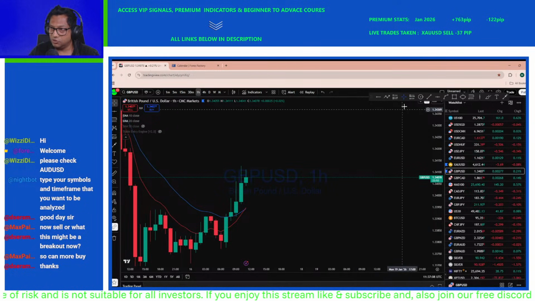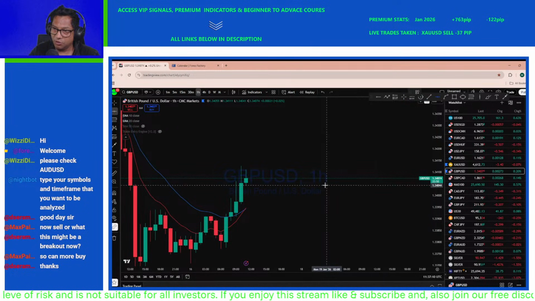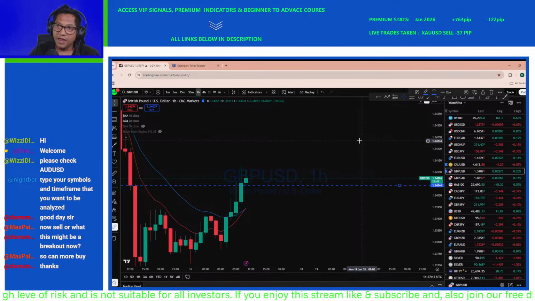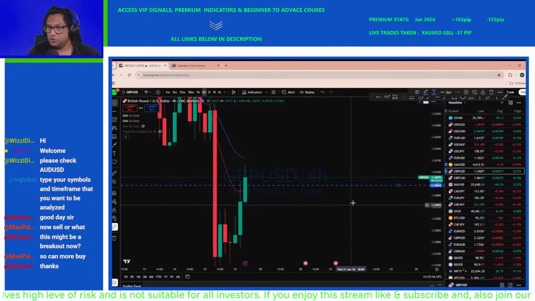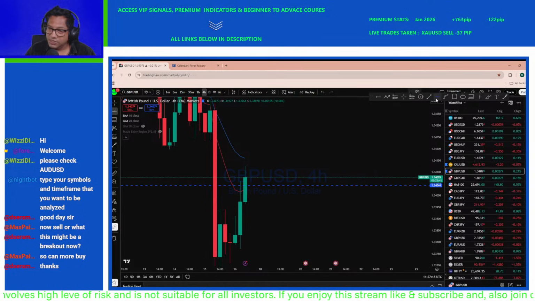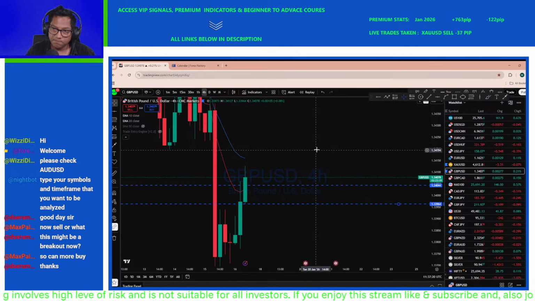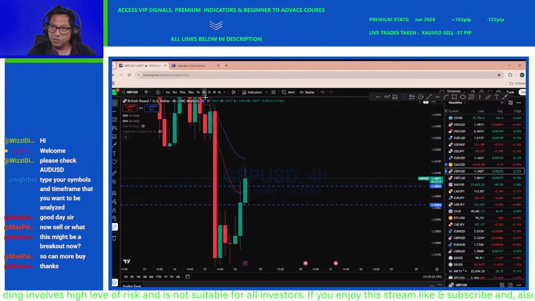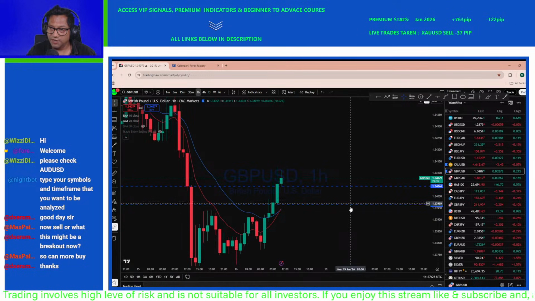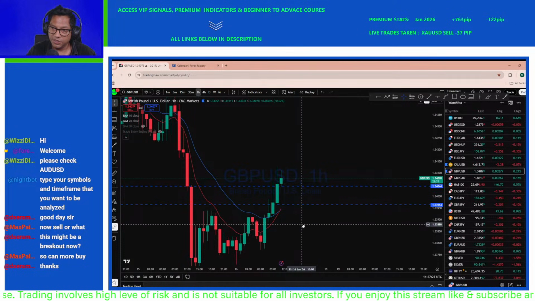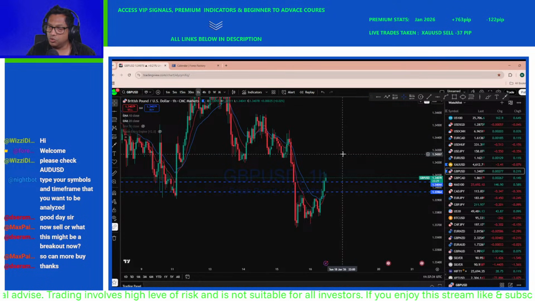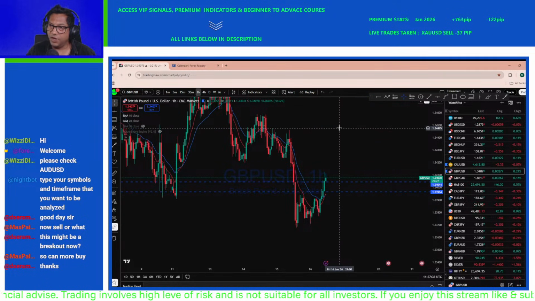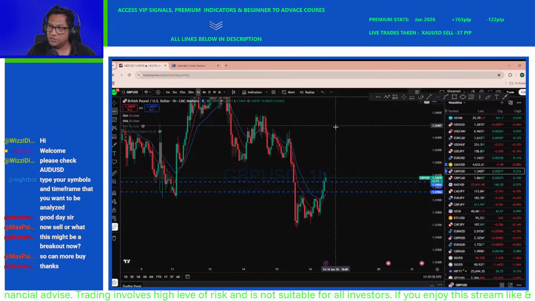This is the current support level on GBP USD, and let's wait to see how far it goes. The session's low is here, and the trend is bullish. There is a cross of the 10 and 20 MA as well, and a series of higher lows, which is a sign of movement in this direction.